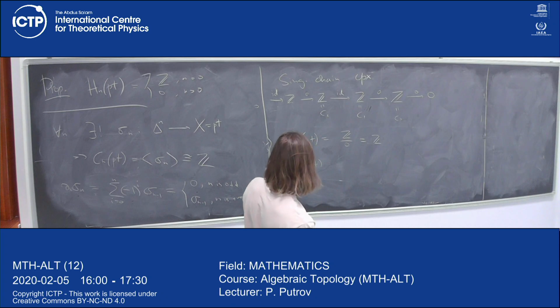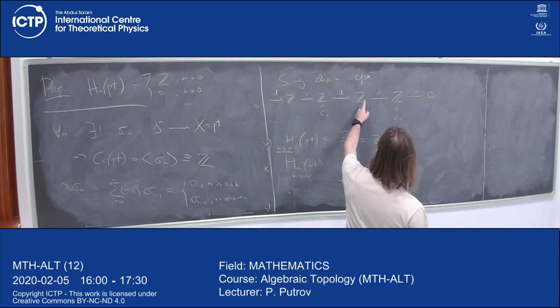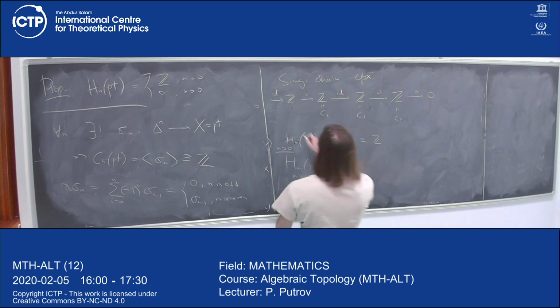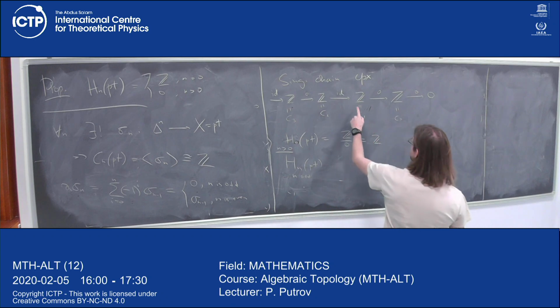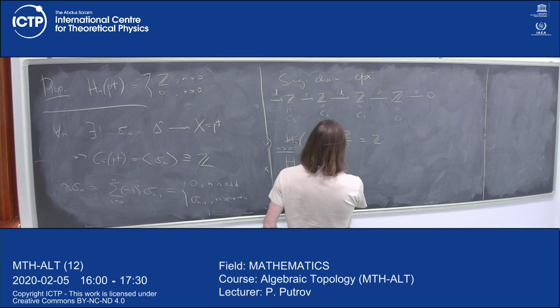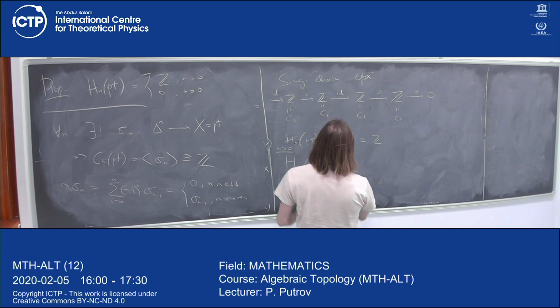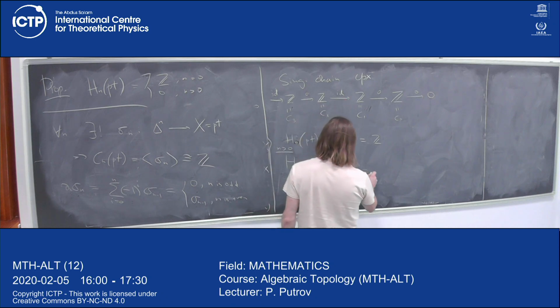So let's take, for example, this one here. It's the same for C3. So the kernel of 0 is Z, and the image of identity is also Z. So Z divided by Z is 0.